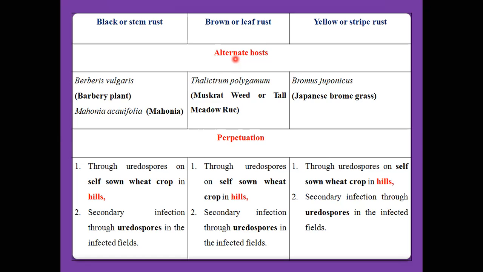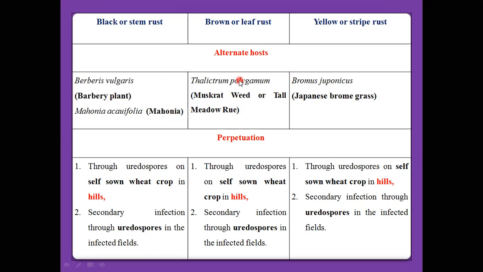So in black or stem rust, in the absence of the wheat crop, some spores also develop on the barberry plant, that is Berberis vulgaris or Mahonia. Barberry and Mahonia are the alternate hosts for completing the life cycle of Puccinia graminis tritici.